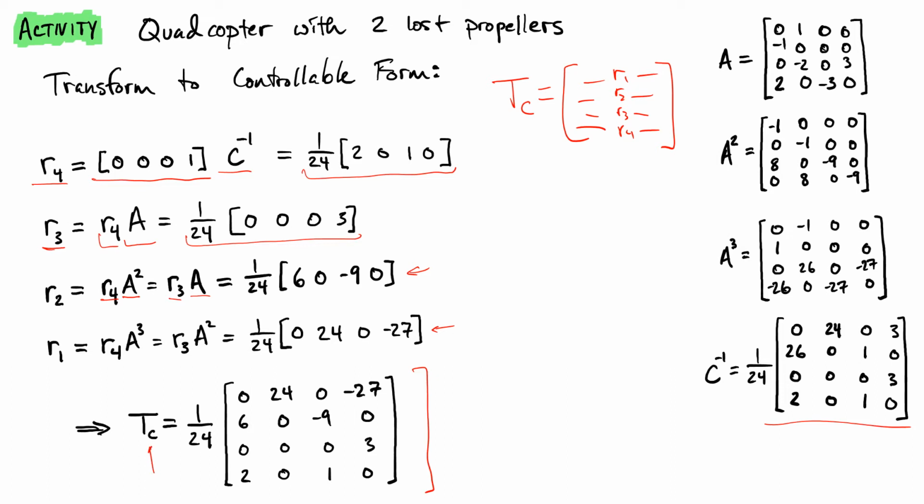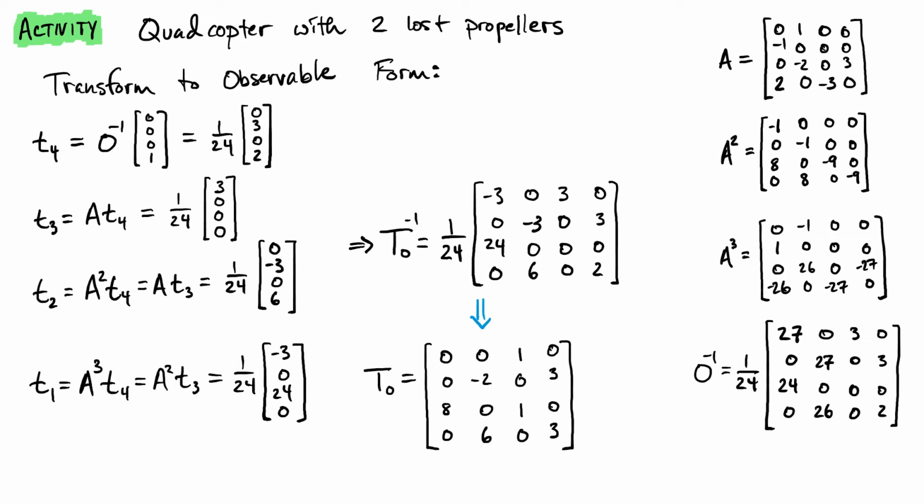So now we'll move on to observer canonical form. For observer canonical form, we're going to be employing the inverse of the observability matrix, which is something we already had. Remember that in this procedure, we're actually creating the inverse of the transformation matrix, through what we call the columns T1, T2, T3, and T4 of this inverse matrix.